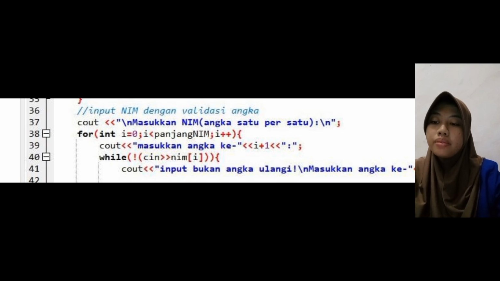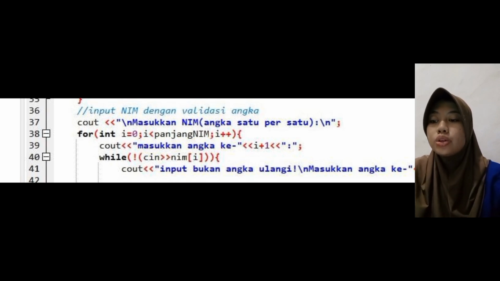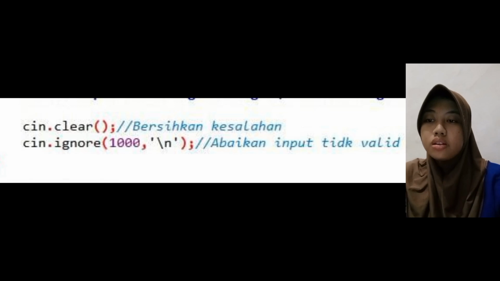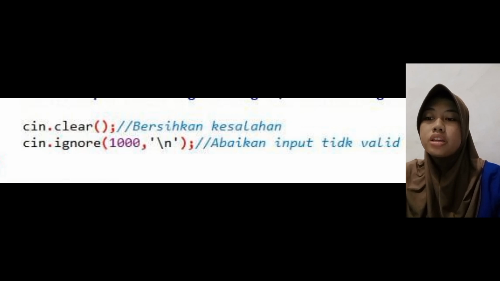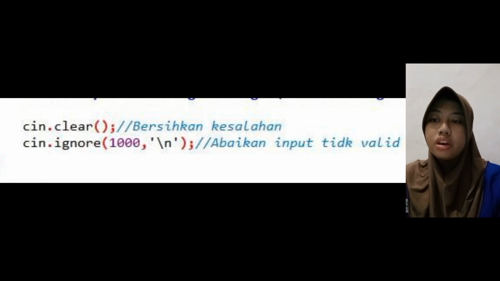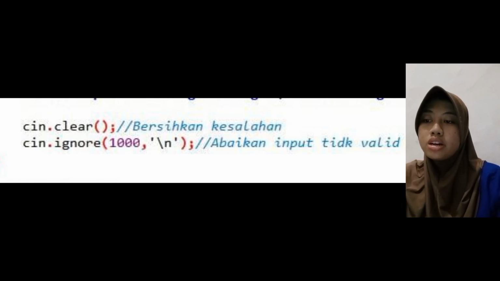And then cin name, this section tries to read input from the user and store it into the name array element. Okay, cin clear. This is a method used to clear the error status of the cin object when an input error occurs. For example, the user enters a non-numeric character when prompted to enter a number, the error status of cin will be failed. By using cin clear, we return the cin status to its original state so that the next input can be performed.